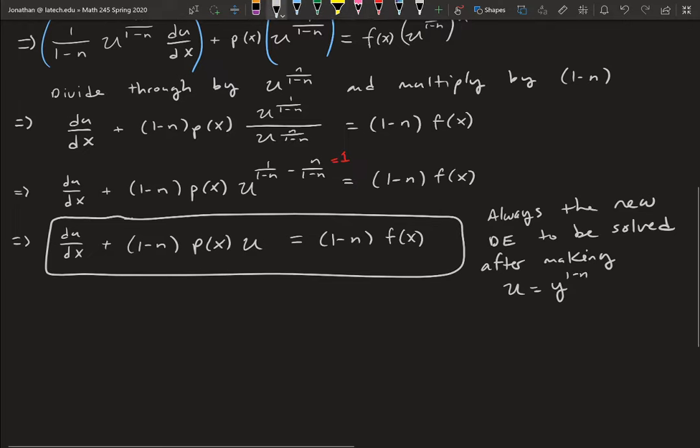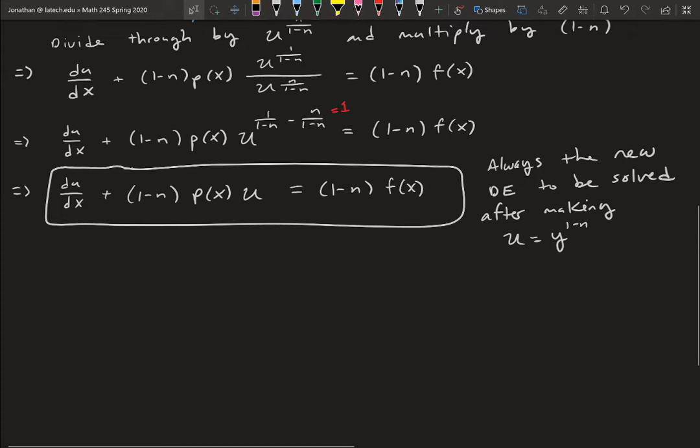It's the nonlinear exponent. Well, possibly linear, but most of the time it's like n equals 2, 3, 1/2, 3/2, something like that. It could be anything. But this is the general approach. So it's pretty straightforward, actually. If you just want to memorize this equation right here, the only thing that changes is you just stick a 1 minus n right here and a 1 minus n right here. And just remember that u is y to the 1 minus n.